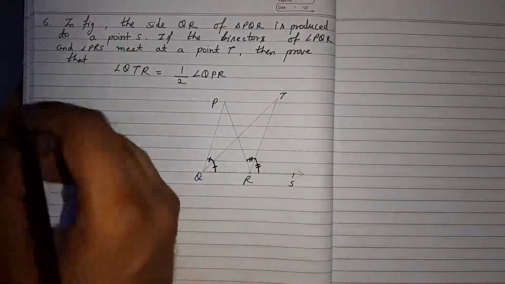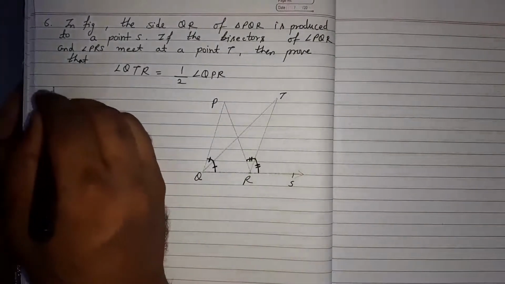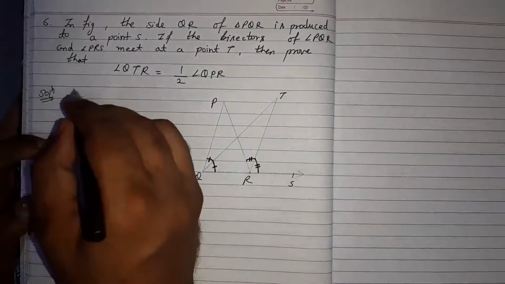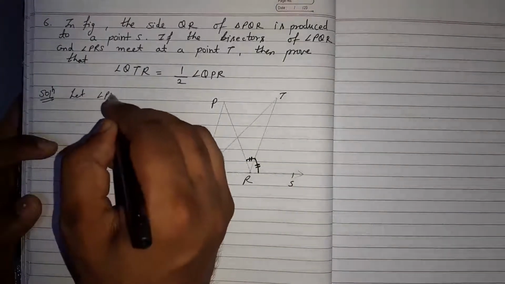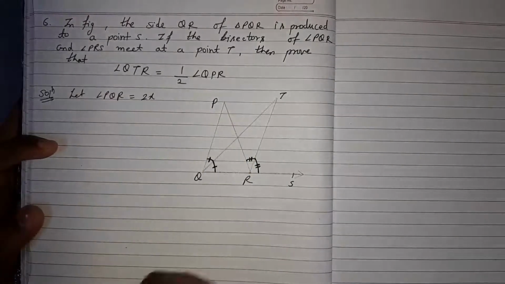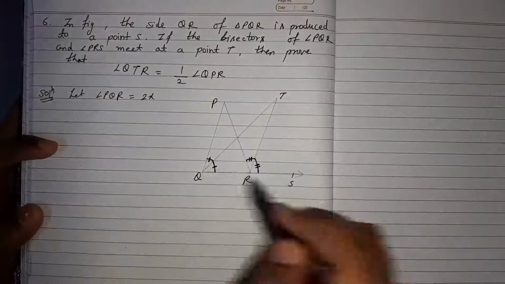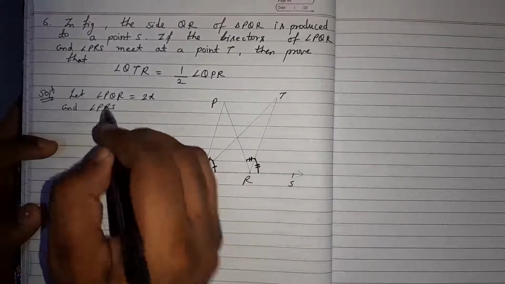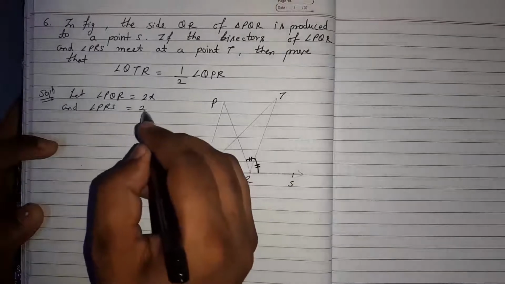The solution is: let angle PQR be equal to 2x, and angle PRS be equal to 2y.